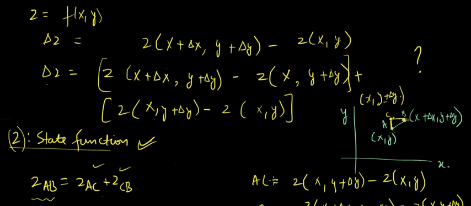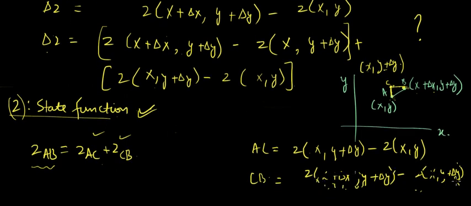So this is A to C, and from C to B we can write that z of x plus delta x comma y plus delta y minus z of x comma y plus delta y. So we can write z of AC and z of CB, and from the same we can derive z of AB.